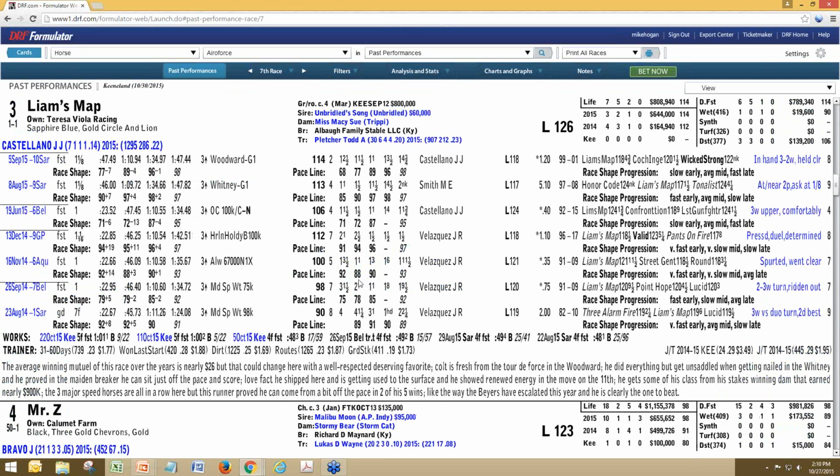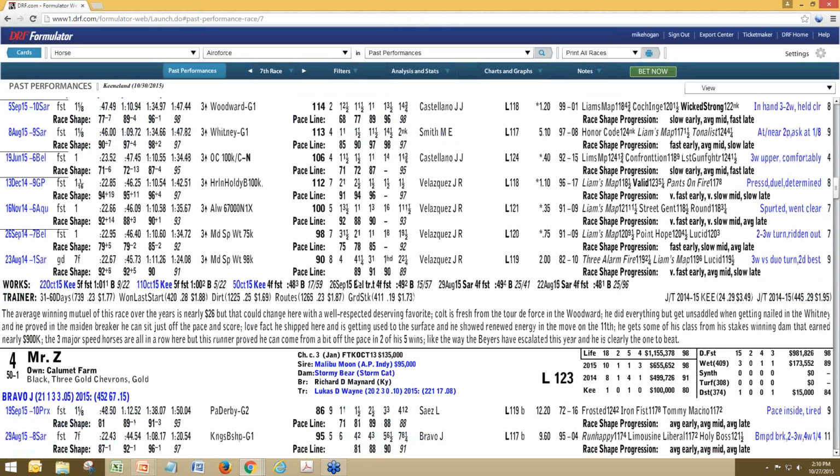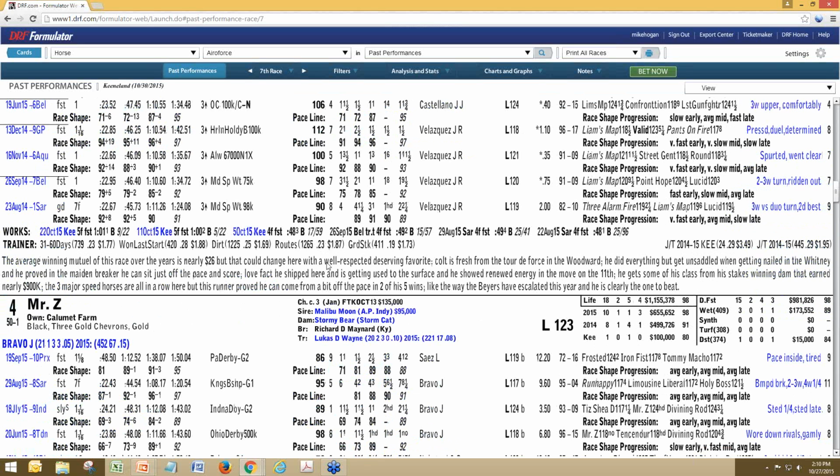No, and again, you've also got the jockey intent there. Joe Bravo, of course, is a guy who's known for hustling horses early. And Mr. Z is positioned also just to the outside of Liam's Map. If Mr. Z was inside of Liam's Map, I think the way those things usually work, you might see Joe Bravo maybe try to work a little bit harder to keep Mr. Z in front of Liam's Map.